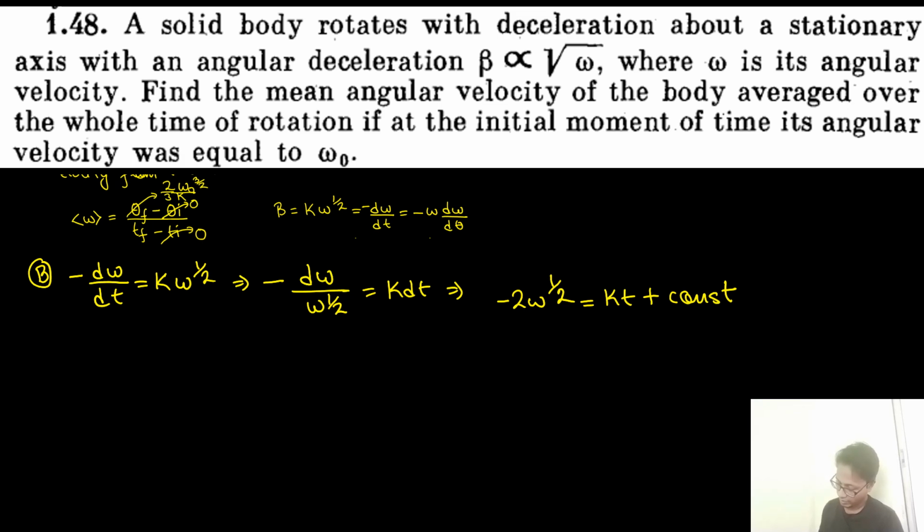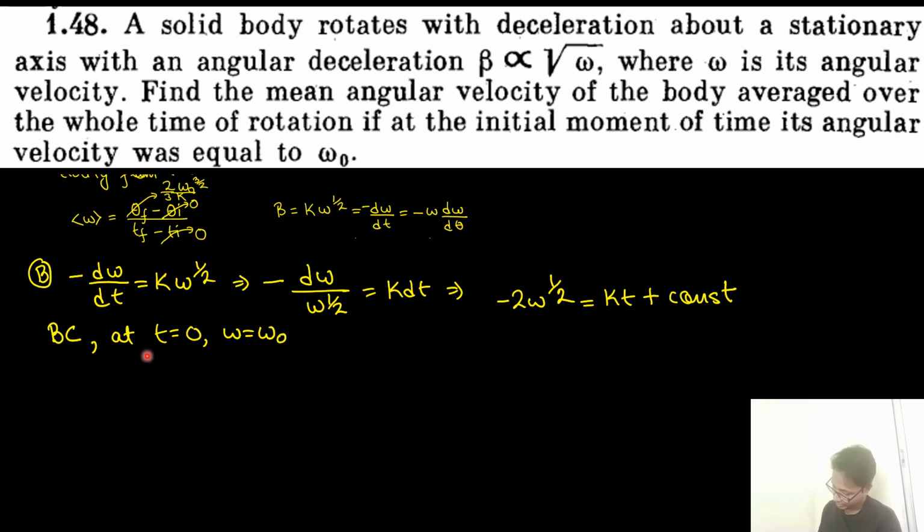Now applying boundary condition. Why do we apply boundary condition? To find out the value of the constant. At t is equal to 0, omega is equal to omega naught.